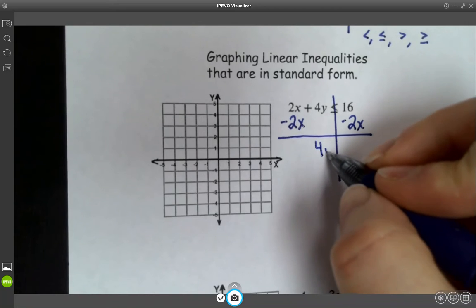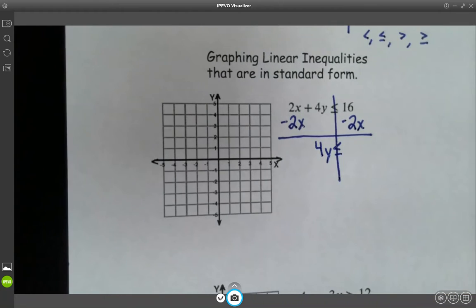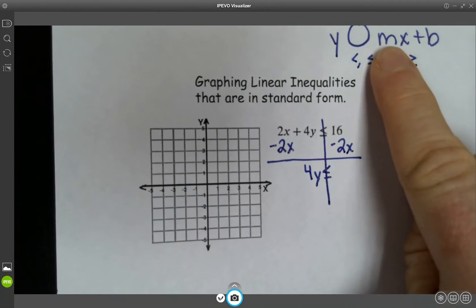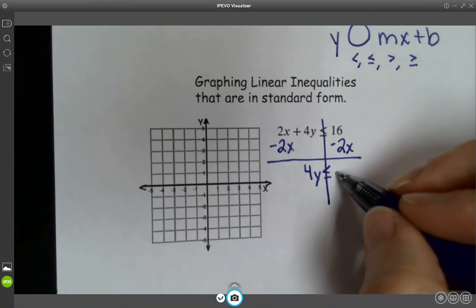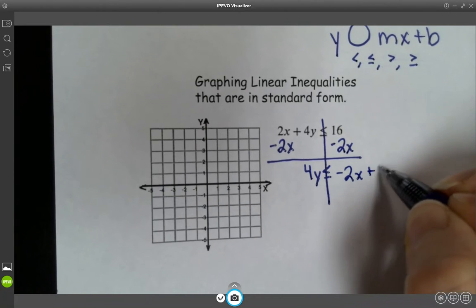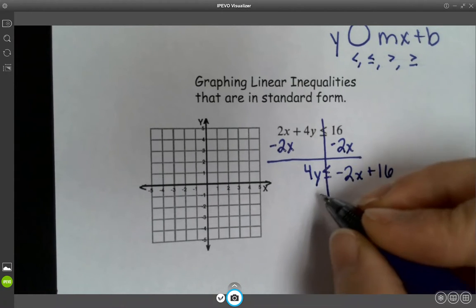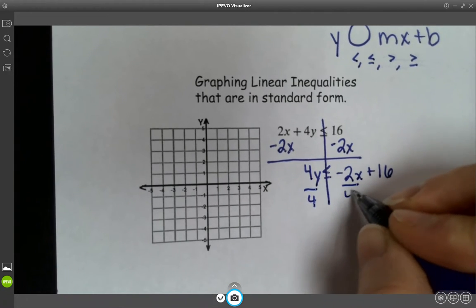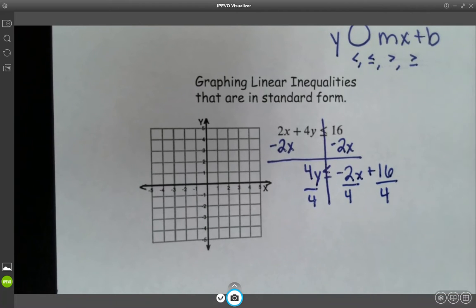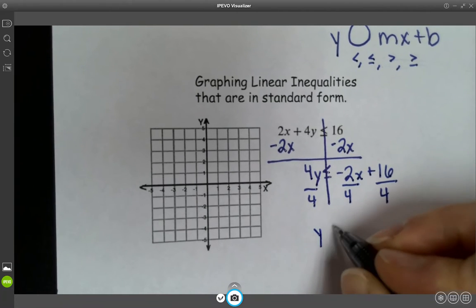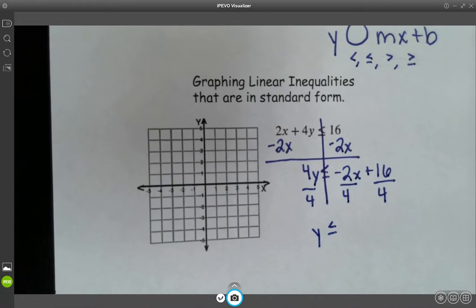Carry down the 4y is less than equal to. I keep these separated because I want mx plus b. So it's going to be negative 2x plus 16. Divide by 4 all the way through. And we keep our symbol the same because we didn't divide by a negative.